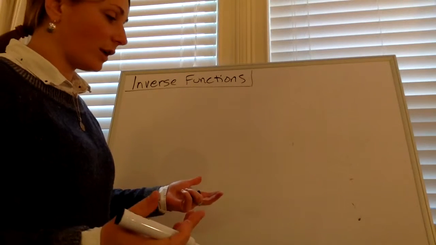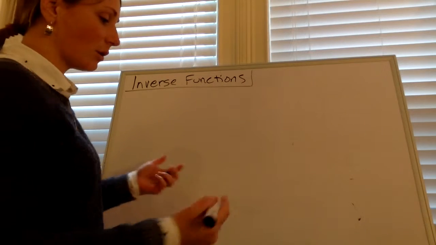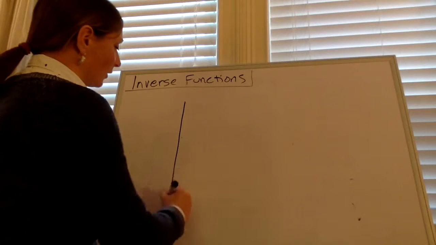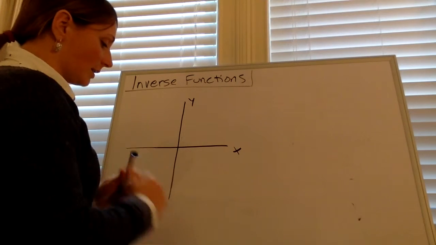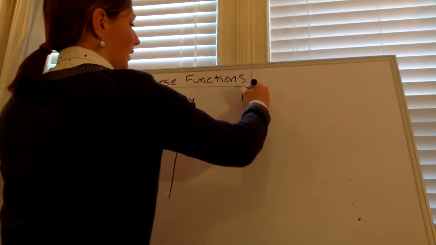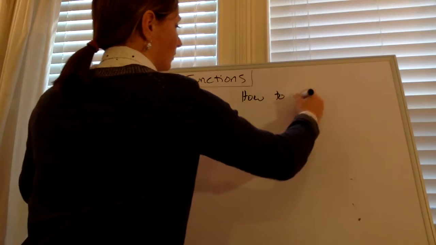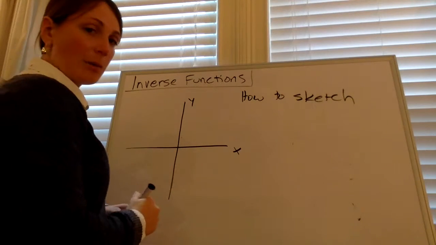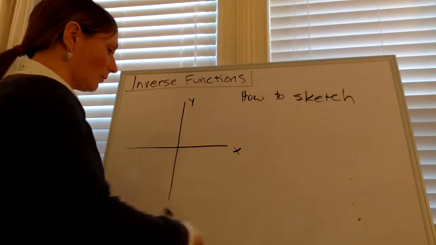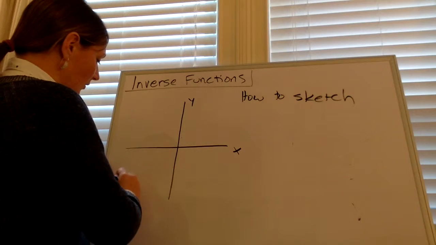Clearly, we know that there are reflections across y equals x, and so some functions can be tricky to sketch, and others are pretty simple. Let's say we have a function that looks like this.